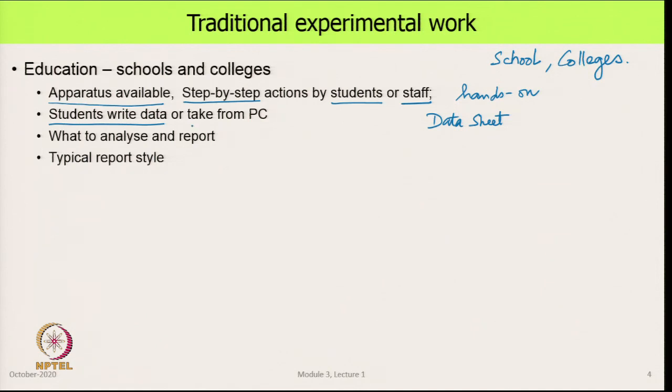These days there are many experiments where the data is collected electronically and stored on a PC, and then at the end there is no data sheet, but just a file which one takes, or the software may be such that the data is there in the file, and using this they also make various plots.